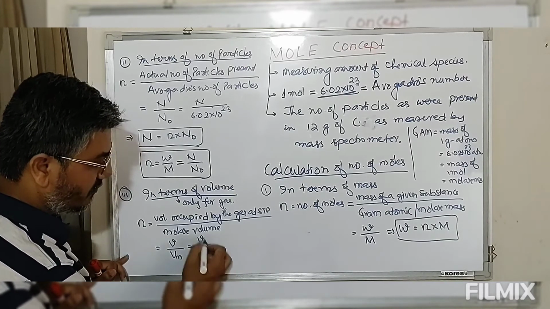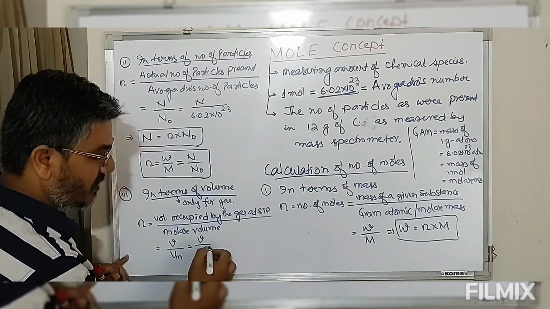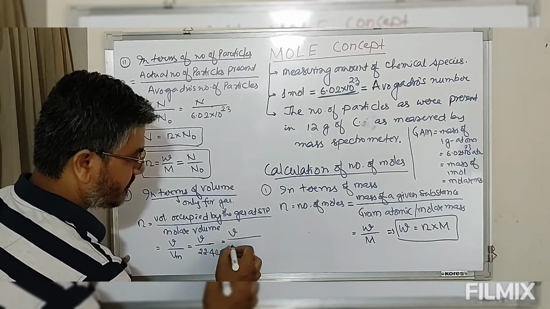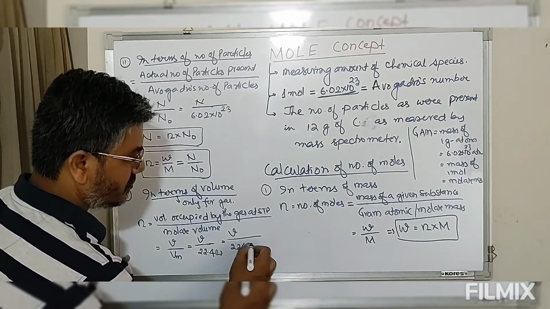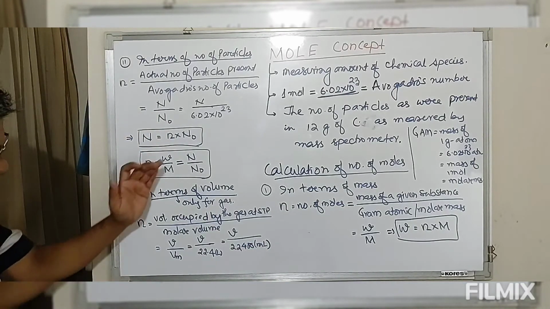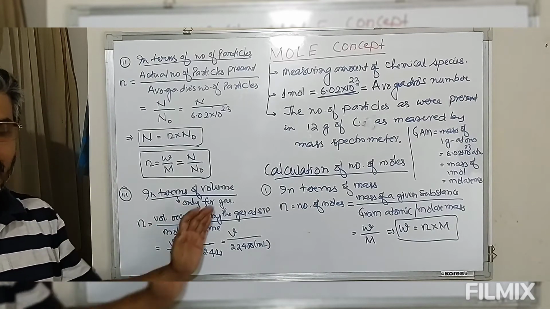So 1 mole of any gas at STP always occupies the volume of 22.4 liter, or we can also write it this way, this is 22400 ml. So this is specific only for gas. Gases are normally measured in terms of volume occupied by the gas at STP.